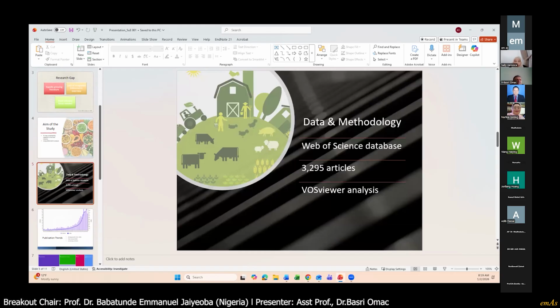For this aim, we collected data from the Web of Science database. We reached 3,295 articles, and we used VOSviewer analysis to categorize these articles and to reach the information we are looking for, like thematic areas, which authors contributed more, and other parameters.